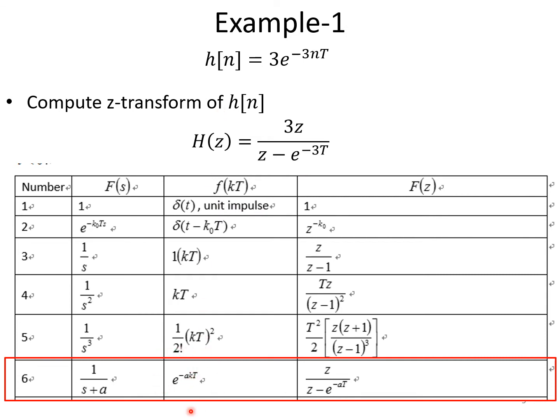You can see here that the Z transform of an exponential is z upon z minus whatever the exponential is, right? So the Z transform of this function would be 3z upon z minus e^(-3T), because 3 is a constant. The Z transform of the exponential is z upon z minus e^(-3T).